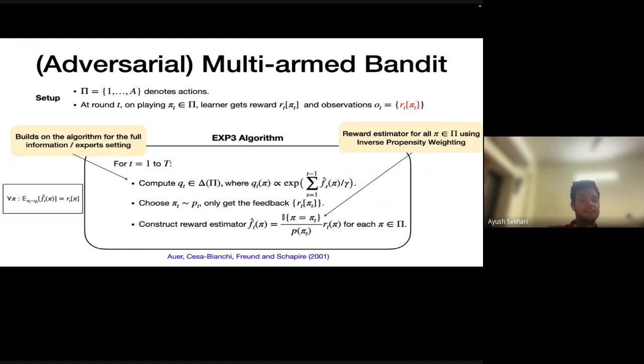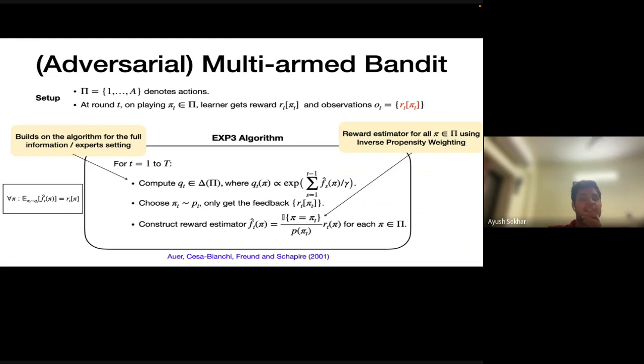So the key idea of this EXP3 algorithm is that it solves the partial information problem by appealing to a full information problem, by constructing appropriate reward estimators f hat. In the case of bandits, these are what are called inverse propensity weighting estimators.